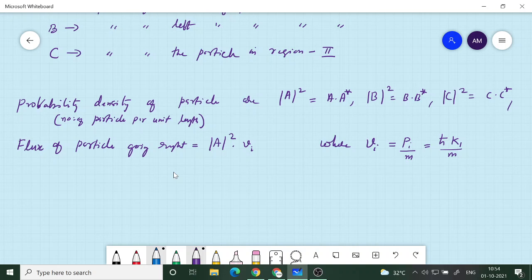Probability density has number per unit length, and velocity is length per unit time, right? So length will cancel and we get number per unit time, and that is what we call flux. So how many particles are moving right in unit time? Okay, so you can put units also here.